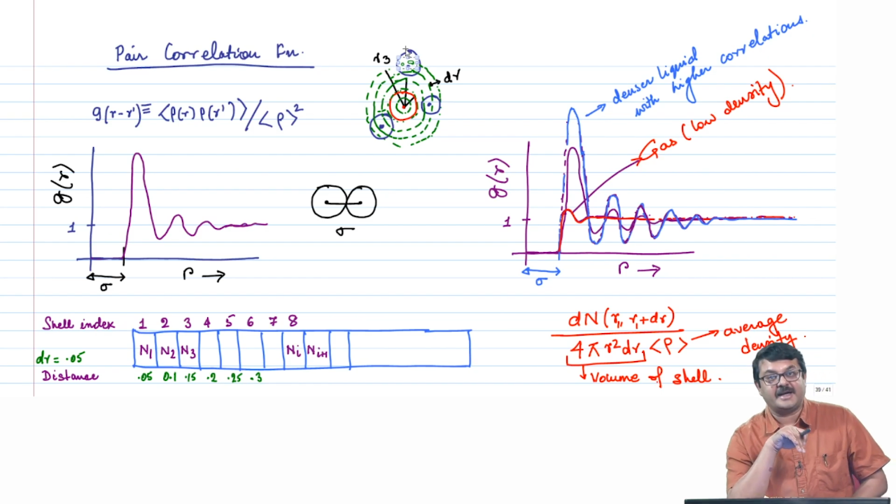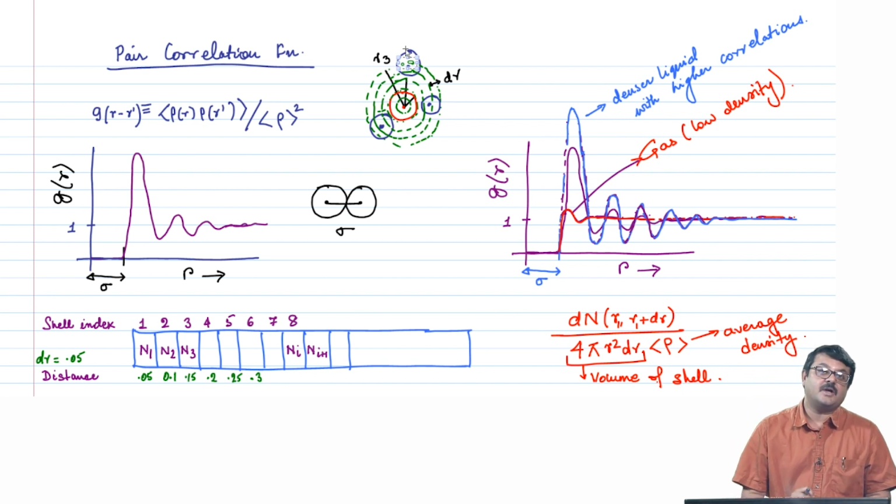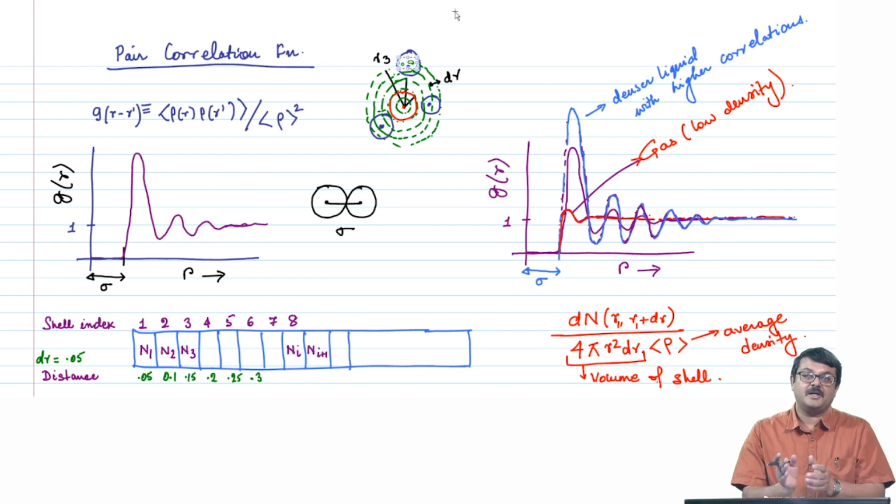When you are doing it on an average, you draw concentric circles around particle 1. Similarly, you can draw concentric circles around, say, particle number 2. You draw concentric circles and figure out how many particles are there at a distance of r1, at a distance of r2.